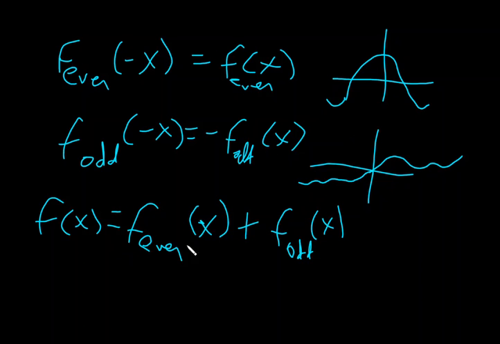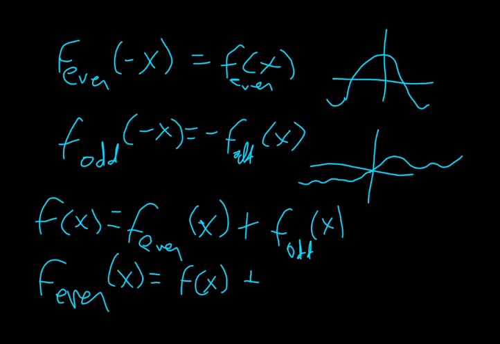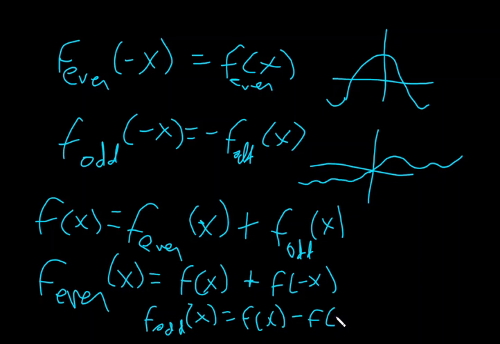So any general function can be written like this, such that f even of x is equal to f of x plus f of negative x, and f odd of x is equal to f of x minus f of negative x.